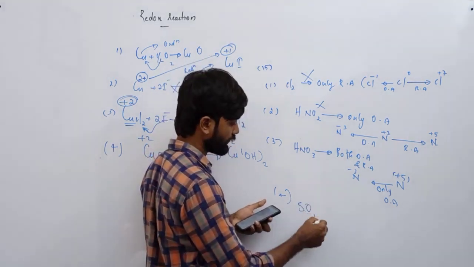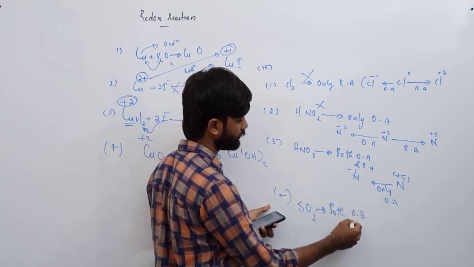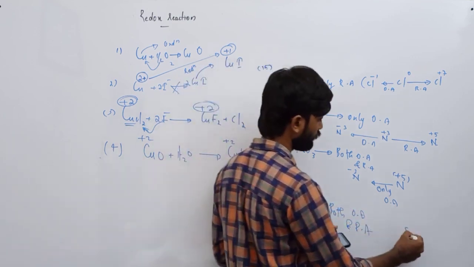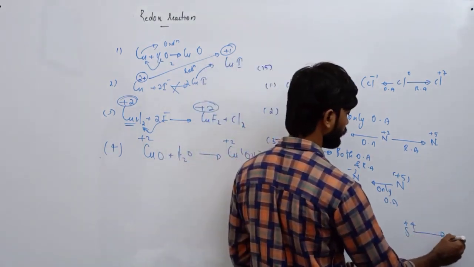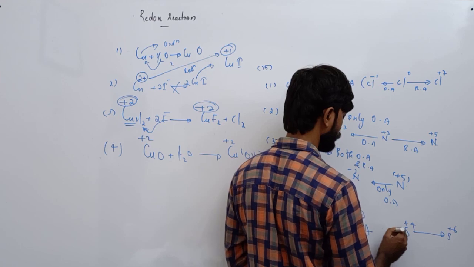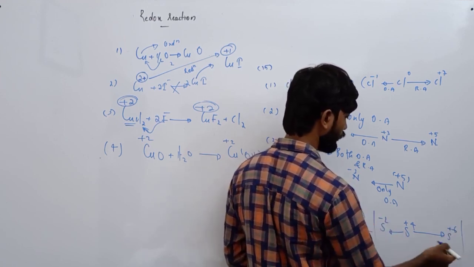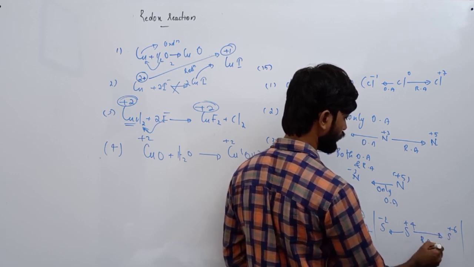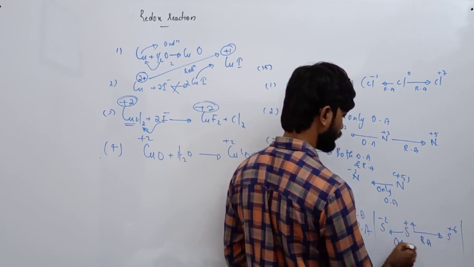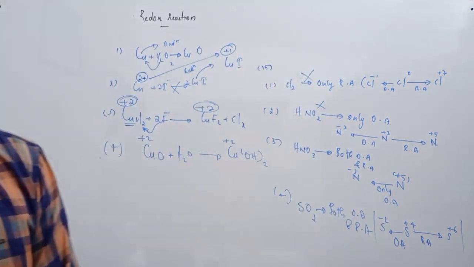SO2, both oxidizing and reducing. That's perfect because sulfur is in +4 in SO2, so it can extend to +6 and it can extend to -2. When it goes to +6 it acts as a reducing agent, and otherwise as an oxidizing agent. So it can act as both.